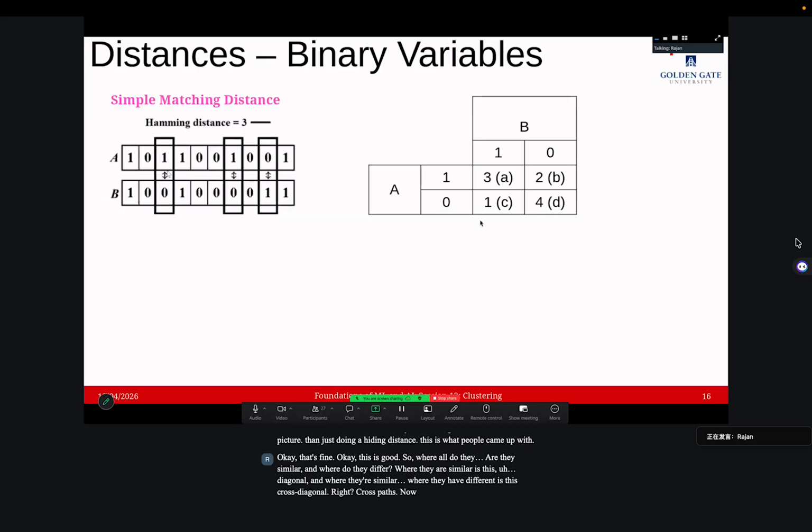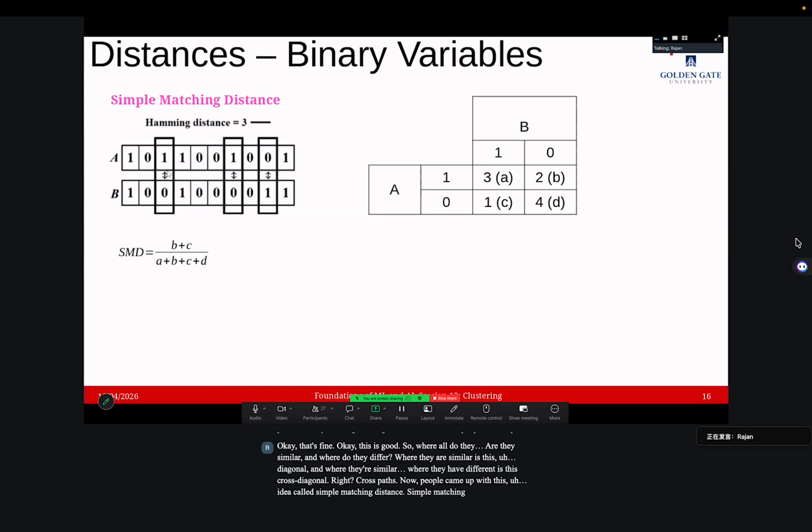Now, people came up with this idea called simple matching distance. It should actually be non-matching distance, because they are looking at the proportion of items on which they differ. What is the proportion of items on which they differ?